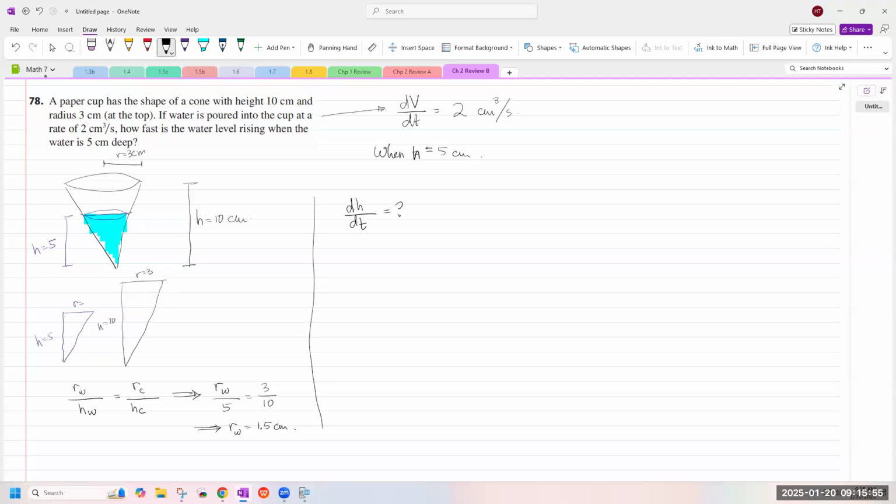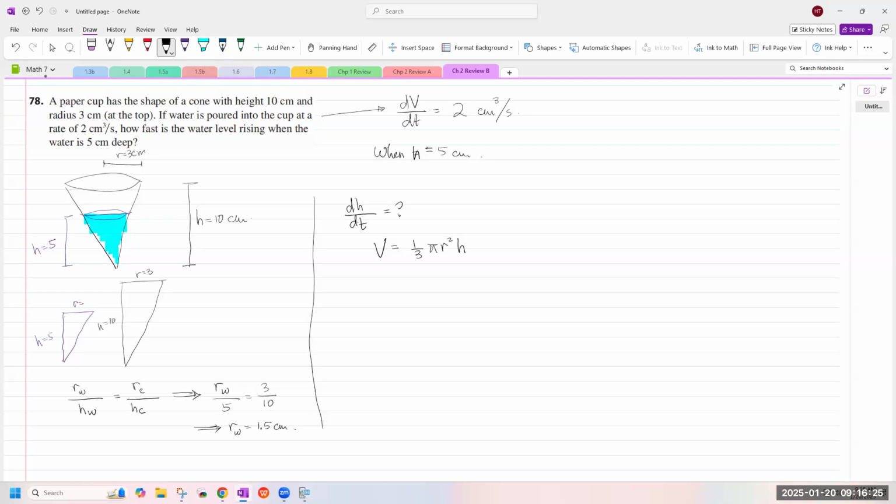So the volume, as we know, is 1/3 pi r squared times the height. So we want to find how fast the water level is rising. So we want to find dH/dt.